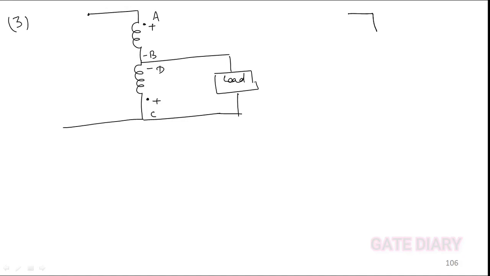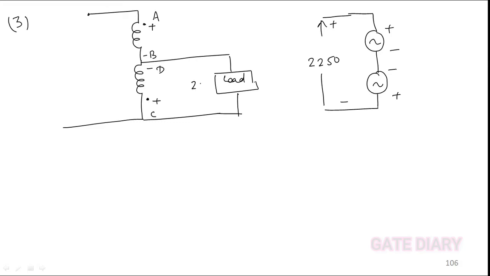Here you can say voltage sources are connected in this fashion, plus minus, and because this winding behaves as a voltage source, this is negative, positive. Now you will get a subtractive voltage. So you will get 2500 minus 250, 2250 volt. And across the CD voltage is 250 volt.